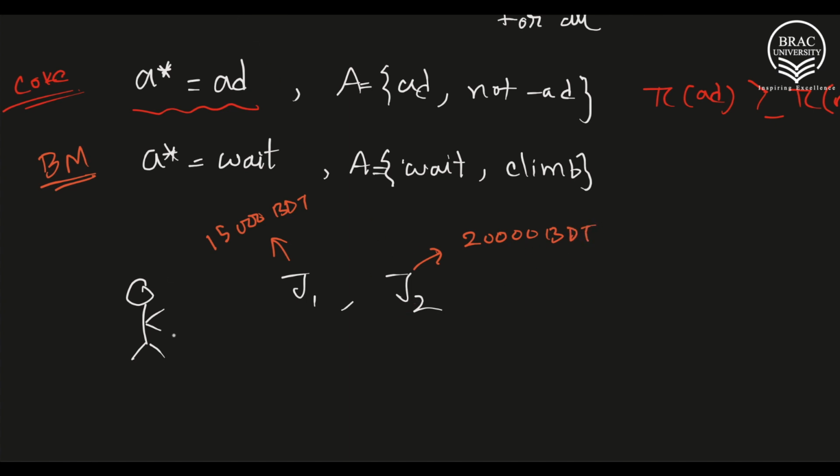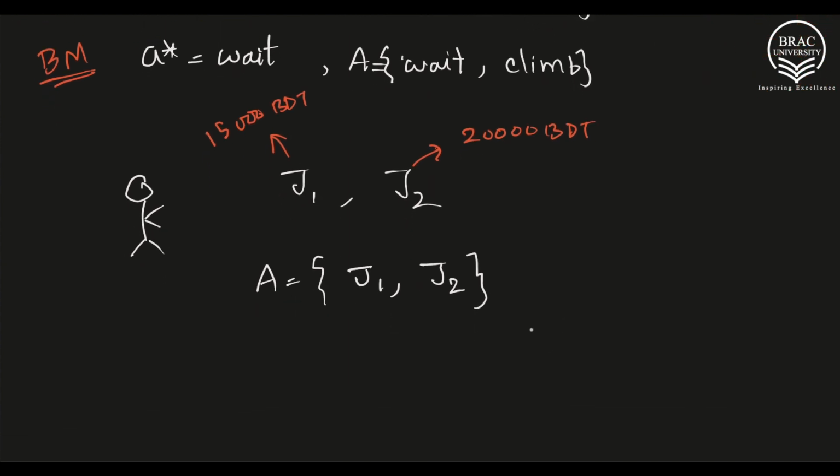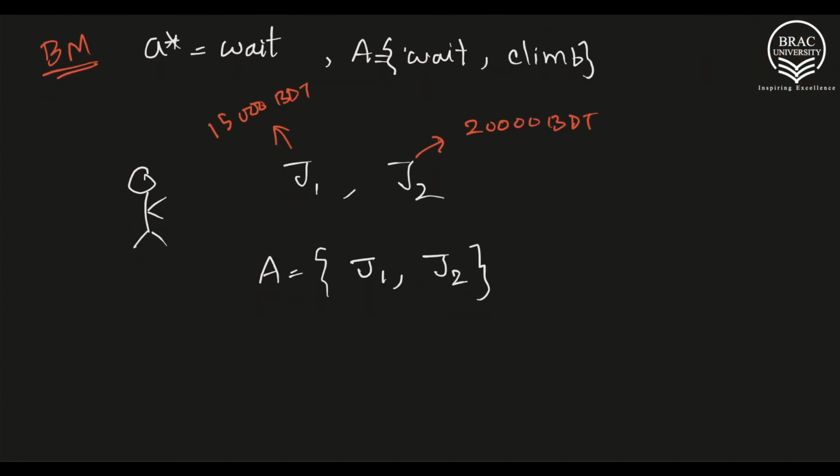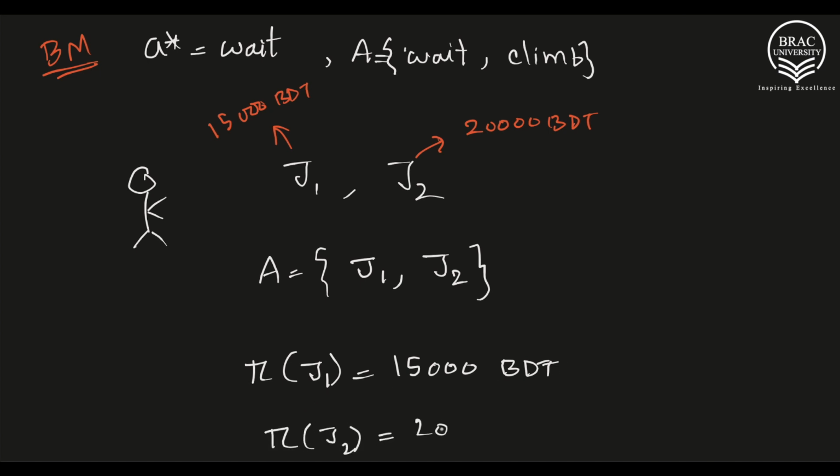Your action set in this case would consist of two actions: either to accept the offer of J1 or to accept the offer of J2. And what are your payoffs in this case? Well, the payoff for job 1 is 15,000, and the payoff for job 2 is 20,000.